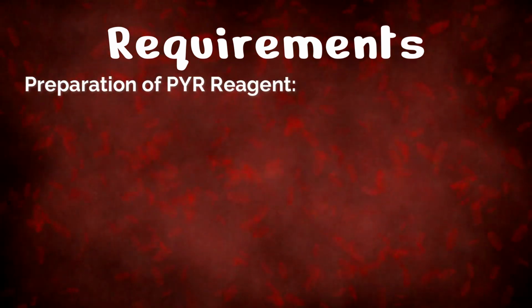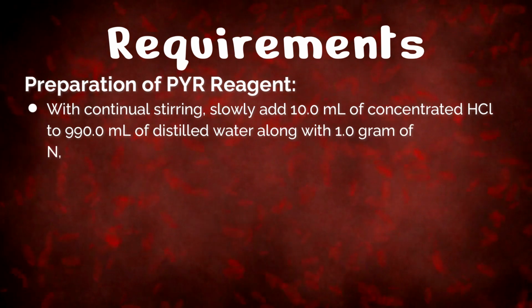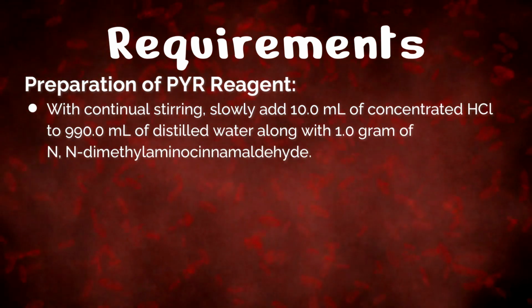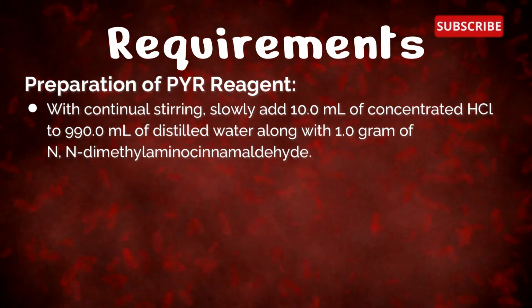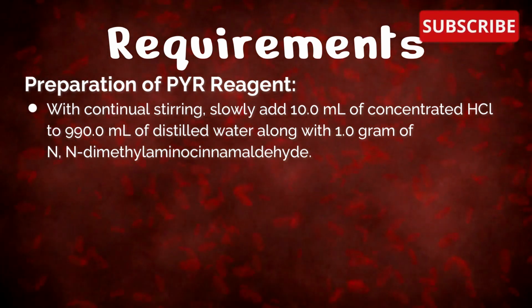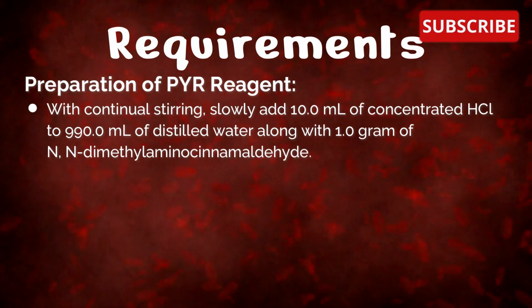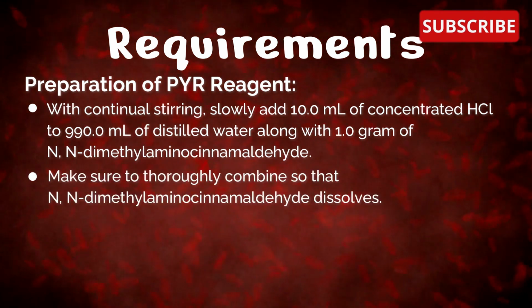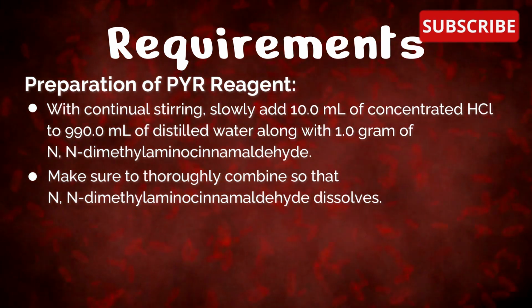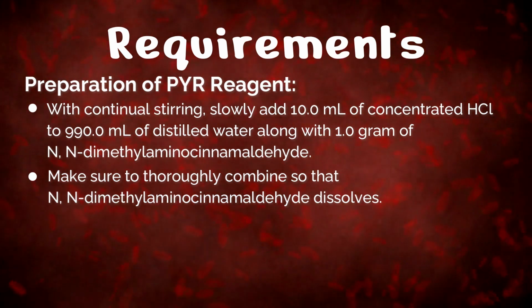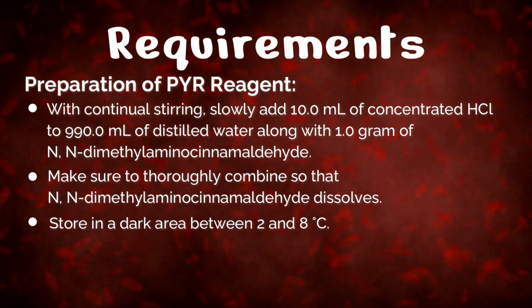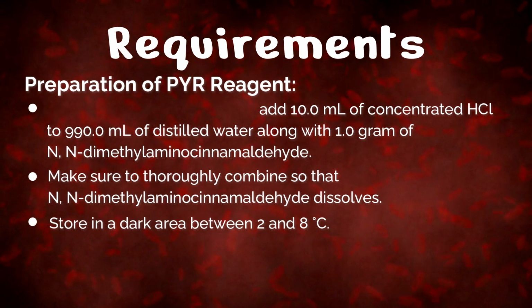Preparation of PYR reagent: with continual stirring, slowly add 10 ml of concentrated HCl to 990 ml of distilled water along with 1 gram of N,N-dimethylaminocinnamaldehyde. Make sure to thoroughly combine so that N,N-dimethylaminocinnamaldehyde dissolves. And lastly, store in a dark area between 2 to 8 degrees Celsius.